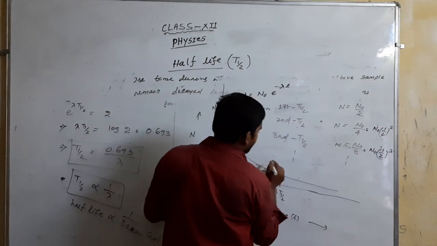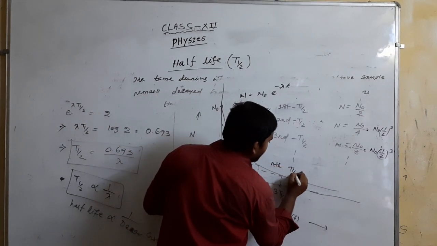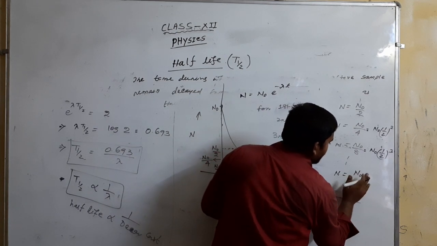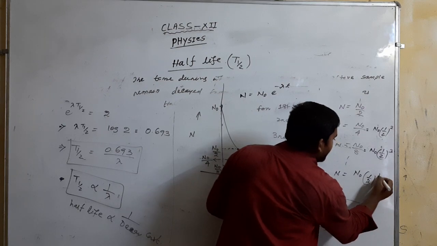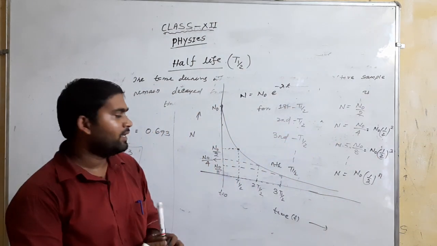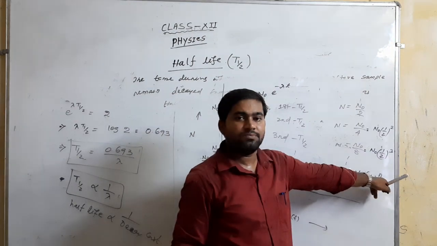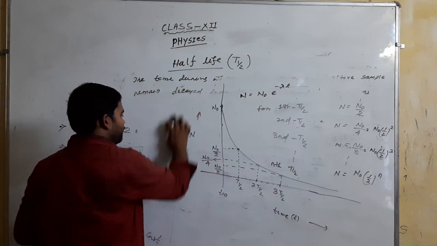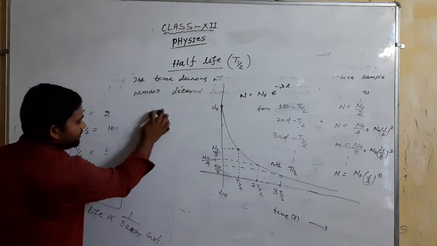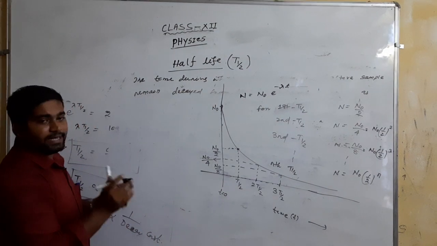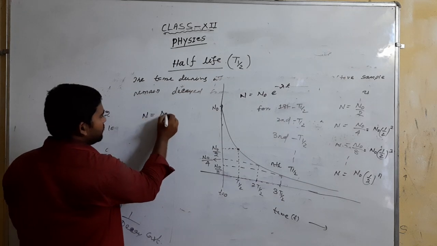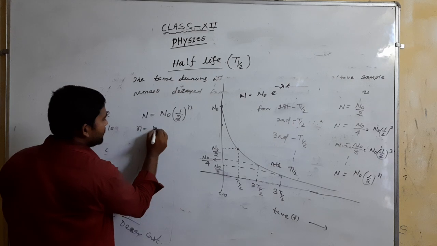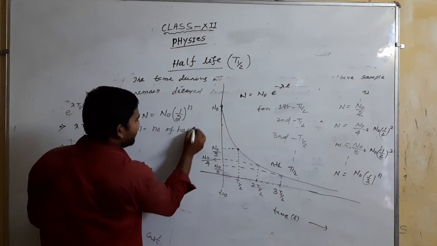If we proceed to the nth half life, simply N equals N0 into 1 by 2 power n, where n is the number of half lives. So there is an important formula derived from the variation of half life, and that formula is N equals N0 into 1 by 2 power n, where n is the number of half lives.